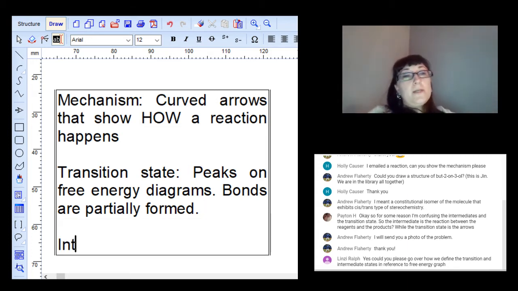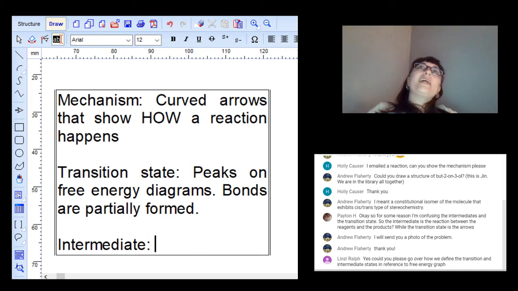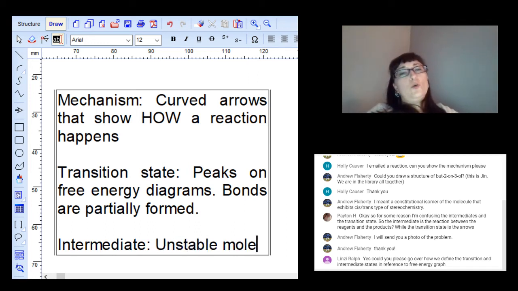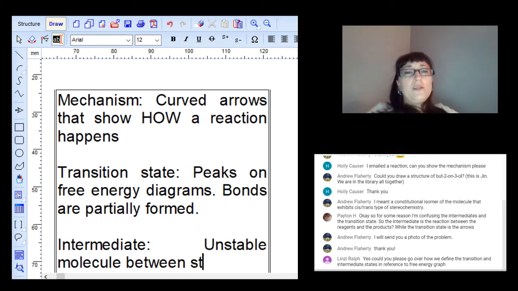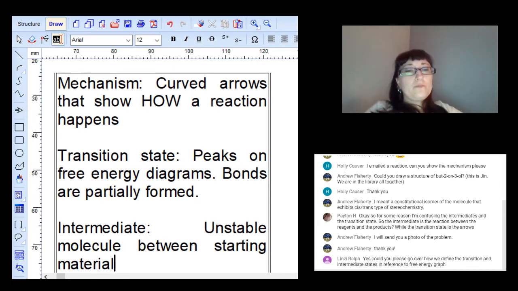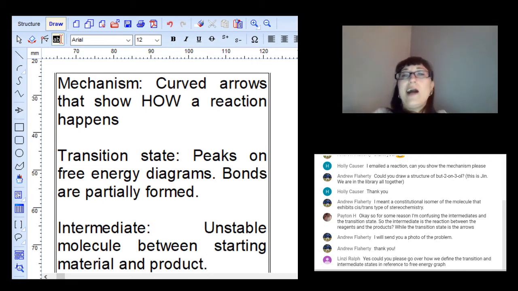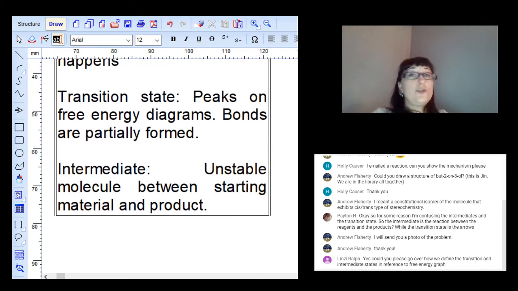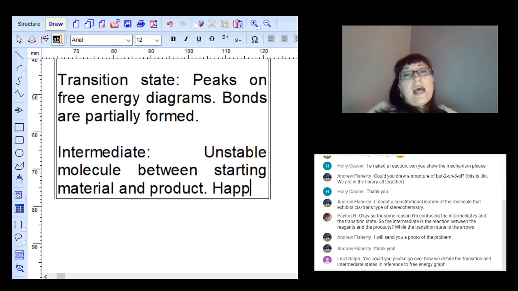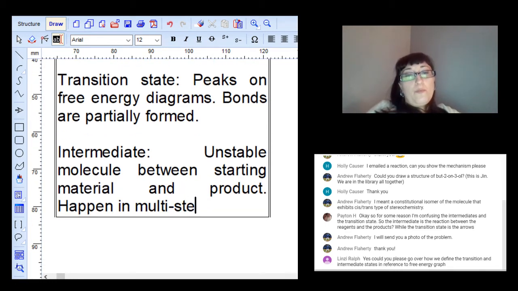An intermediate is, I guess we'll call it, an unstable molecule between the starting material and the product. Not every reaction has intermediates. These happen in multi-step reactions.